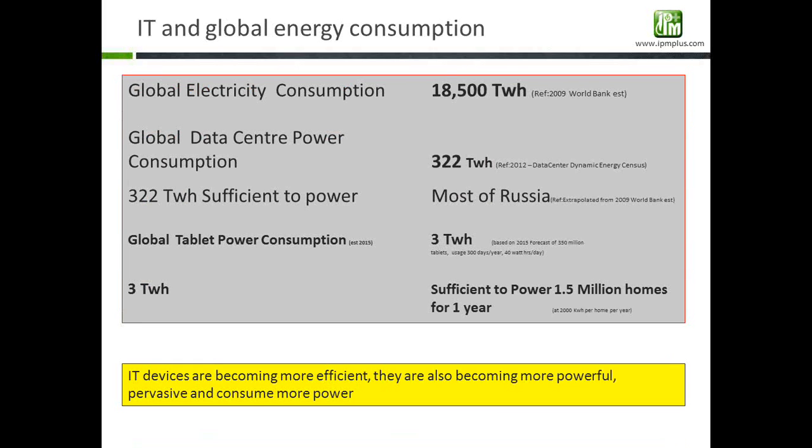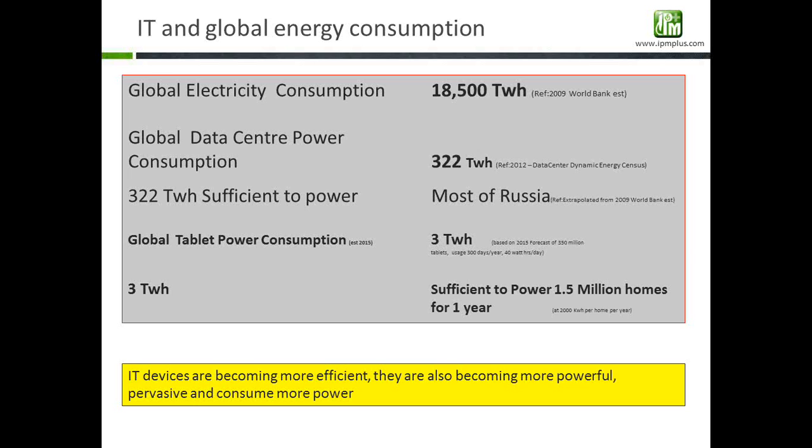Let me go ahead and look at how much energy you consume globally. Electrical energy only. If you look at the World Bank report on energy consumption as of 2009, it's about a couple of years earlier, but you can extrapolate the growth and see how it is today.